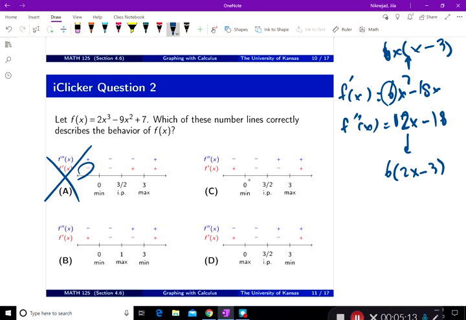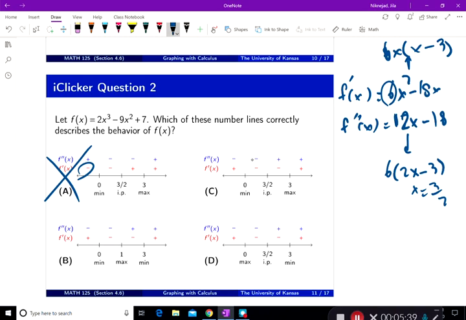Here passing 0 and passing 3, and here 0 and 3, they're all correct. With this one, f double prime is a linear function. It's negative before x equal to 3/2, and it's positive after. All three of them match that.